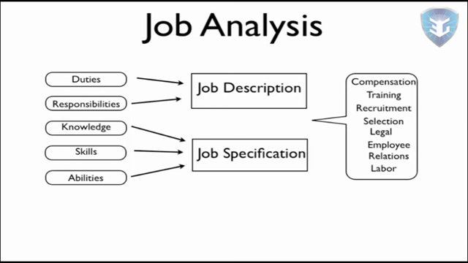For example, the compensation for coal miners is based on the hazardous working conditions that they must face in the performance of their work. Job descriptions and job specifications form the basis for contract negotiations with organized labor. Employers need to know the essential duties of each job in order to make decisions about providing reasonable accommodations under the Americans with Disabilities Act.